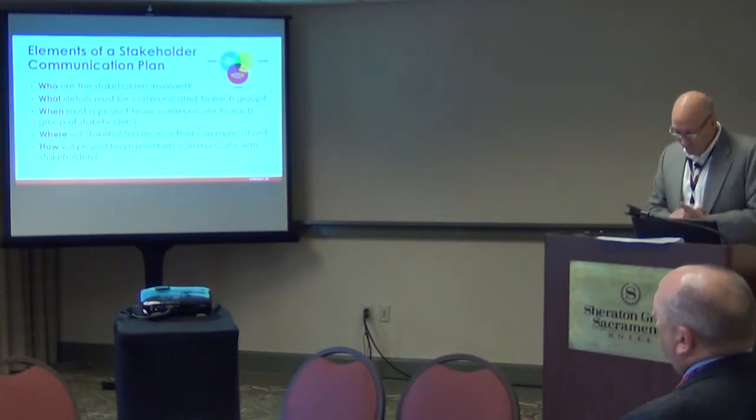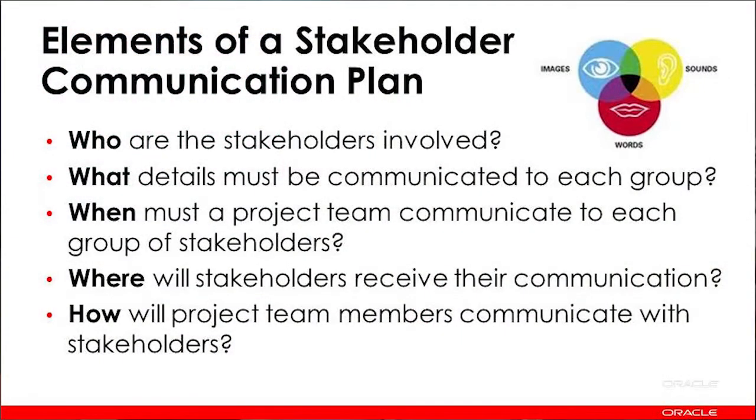Who the stakeholders are: project sponsors, team members, customers, community members often show up on a stakeholder list. A lot of times you'll have the press as well as key stakeholders. In terms of the details communicated to each group, that depends on their level of involvement. So who needs to know what, right? When must a project team communicate with each group of stakeholders?